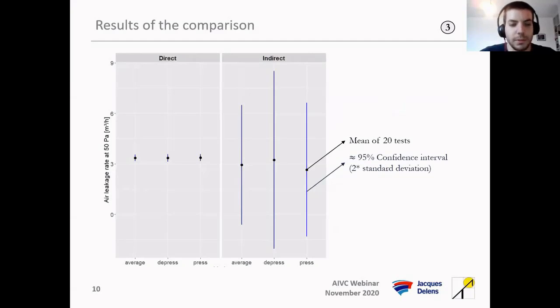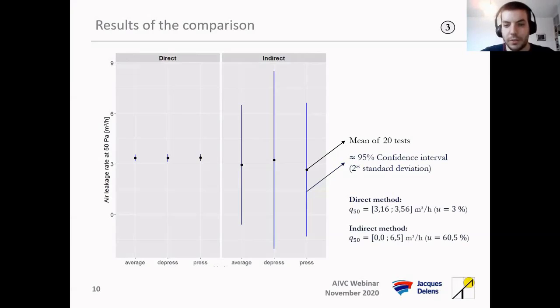I should have stopped my blue intervals at 0 because negative leakage rates have no real meaning. But the main difference here is really in the uncertainty of both methods. Here are the figures. For the direct method, I have an uncertainty of 3%, and for the indirect method, an uncertainty of 60.5%.